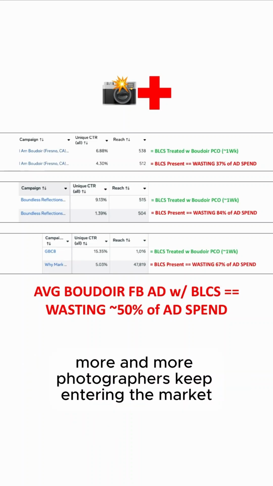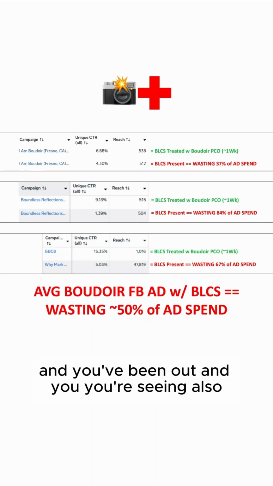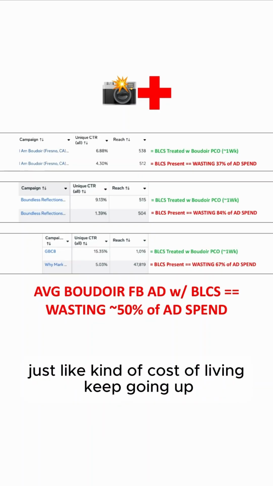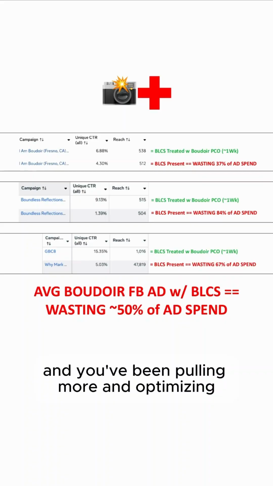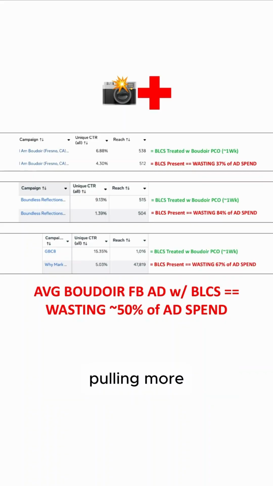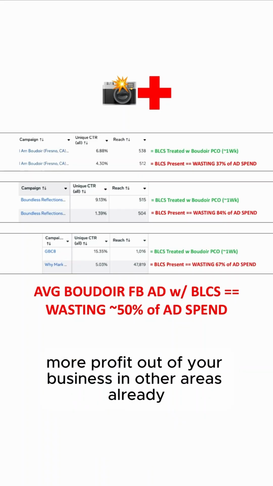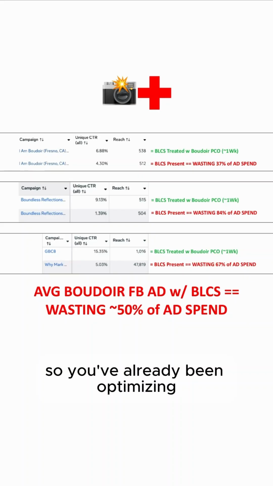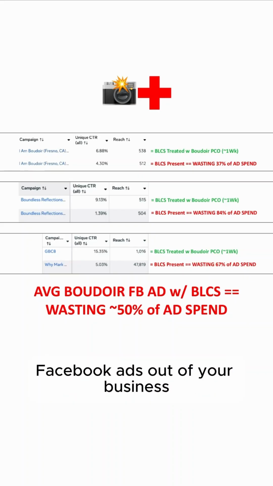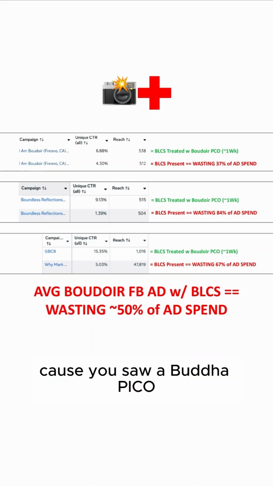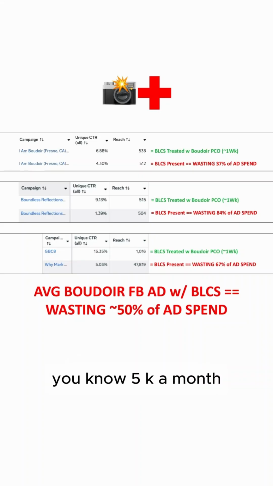So more and more photographers keep entering the market, a saturated market. And you're also seeing inflation, the cost of living keep going up. And you've been optimizing, pulling more profit out of your business in other areas already. You decided now you're finally ready to optimize the Boudoir Facebook ad side of your business because you saw Boudoir Pico can save approximately 5K a month.